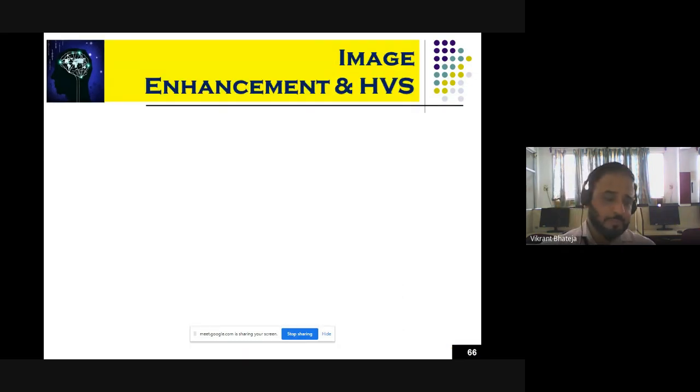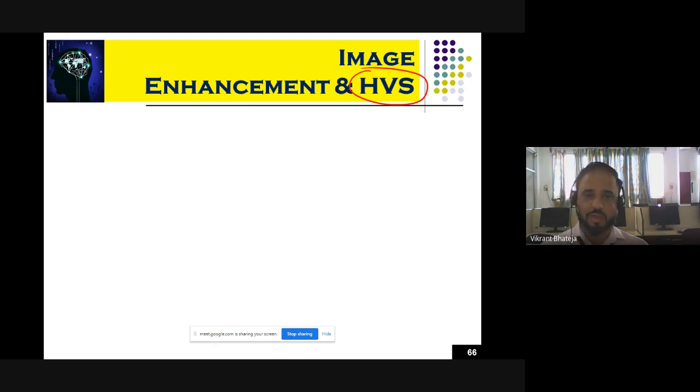Now, when you are working on the concept of image enhancement, you cannot ignore one more concept, and that is known as HVS. When we say HVS, the full form is Human Vision System, or Human Visual System. Your algorithm may be very good at carrying out contrast enhancement.